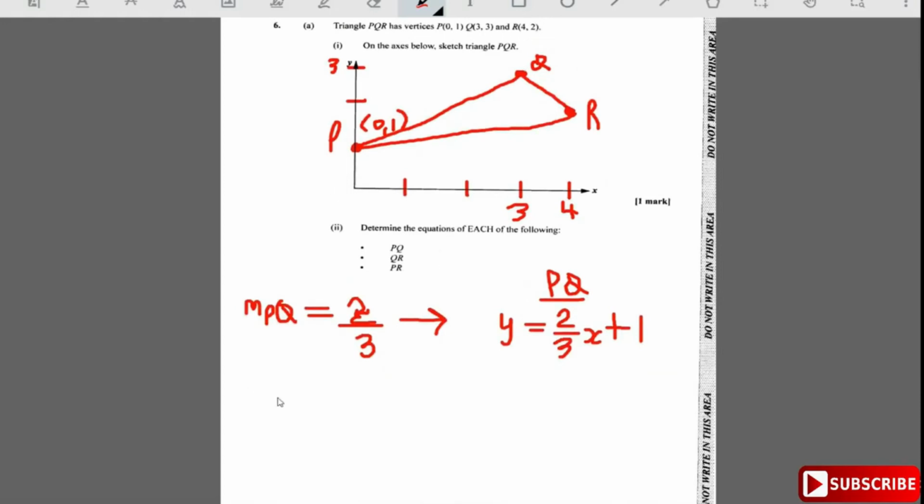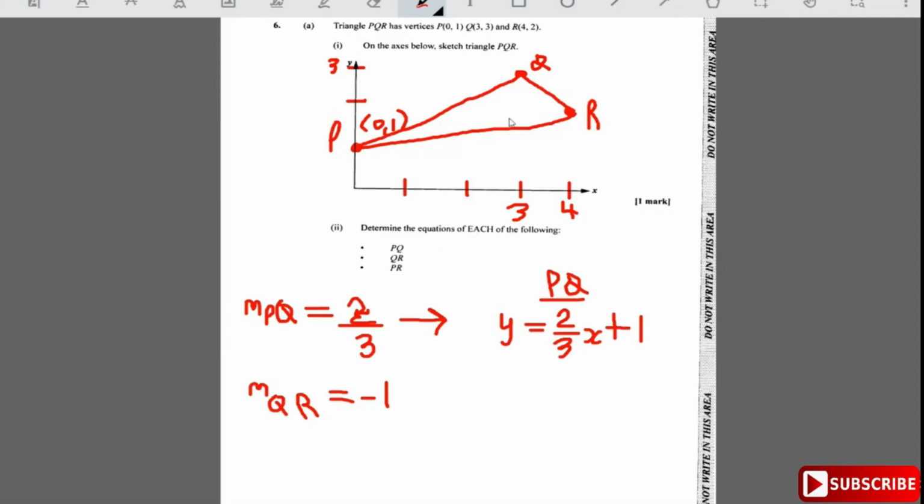It actually doesn't rise, it goes down, from 3 to 4. So it's minus 1 over the run of 1. So the gradient of QR is minus 1.